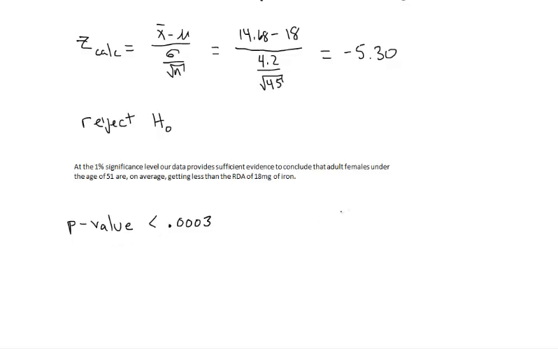Our significance level was equal to 0.01, and if your p-value is less than your significance value, then the data is significant. And 0.0003 is less than 0.01. So it verifies our hypothesis test. And that's all for this video on testing a mean with a known sigma.